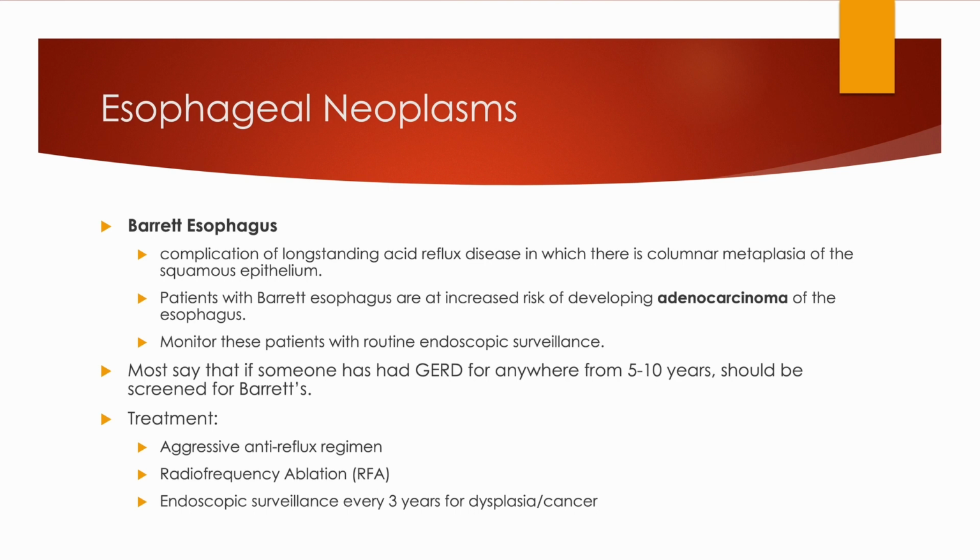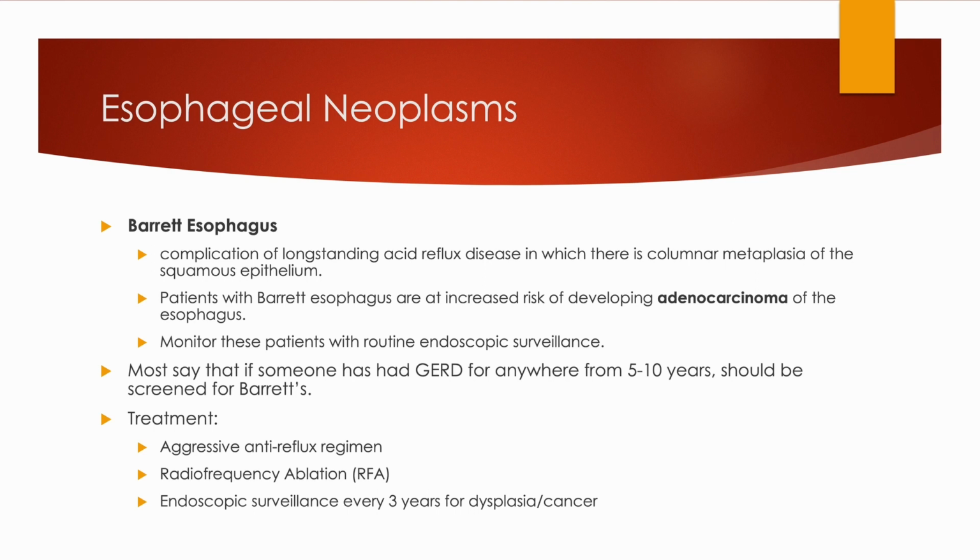And those cells there at the base of the esophagus start changing. They start going through columnar metaplasia. So they start changing from the squamous epithelium to columnar, more like the stomach, to withstand that high acid content. And because of that change in those cells and the replication of the cells, you have a risk of developing dysplasia of the cells and hence adenocarcinoma.